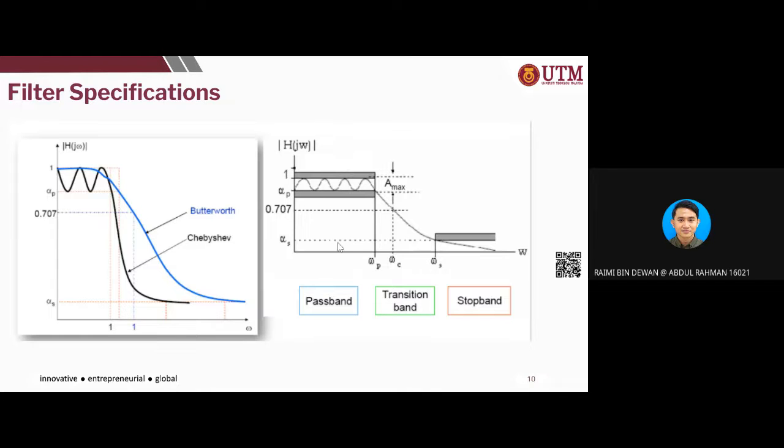Okay, then this is the further explanation on this Chebyshev. So you have this as your pass band, transition band, and stop band.